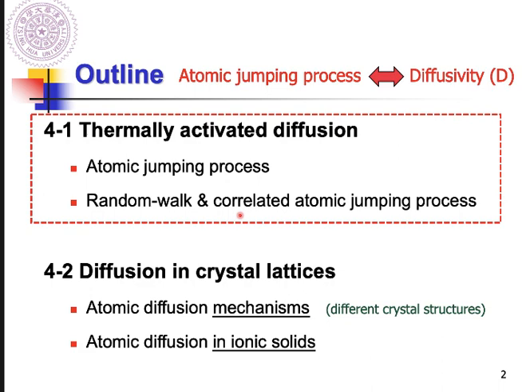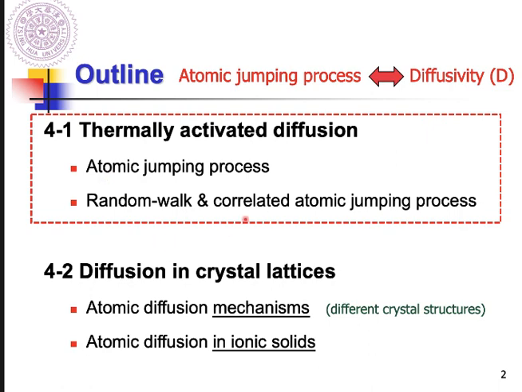So what's the correlated atomic jumping process? Correlated means this jump is related to the previous jump or next jump. So we call it a correlated jumping process. But random walk means that this jump has nothing to do with the previous jump or next jump.